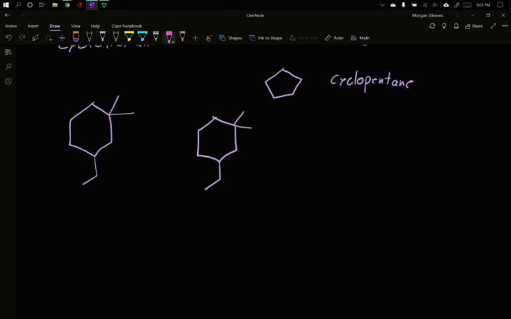So there's 2 ways I could go about numbering this. If we lack a functional group, you want your substituents, your subgroups, to be as small a number as possible. So I could start down here with 1, and I could go counterclockwise 2, 3. If I'd gone clockwise, it would have been 2, 3, 4. I would have run into my next group at 5. And so if you have a choice on direction, make your next thing you run into smaller.